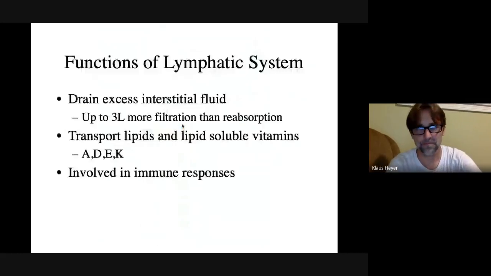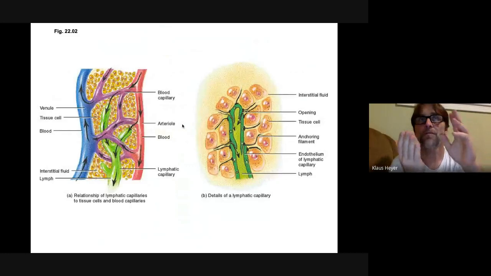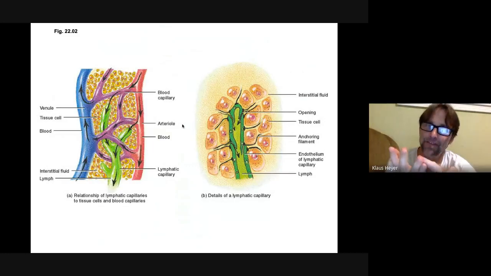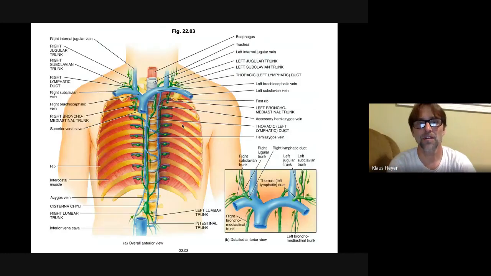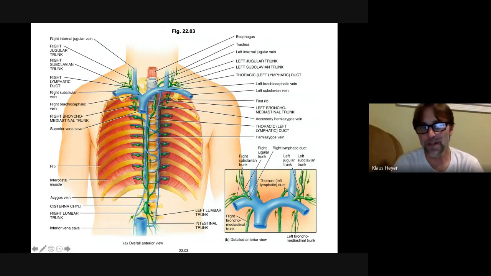So, lymphatic capillary, lymphatic vessel, lymph nodes, lymphatic trunks, and there's like 5 of those, and then 2 lymphatic ducts. So this is one lymphatic duct. I'm gonna trace it with my pointer. It starts here at this like bulge.